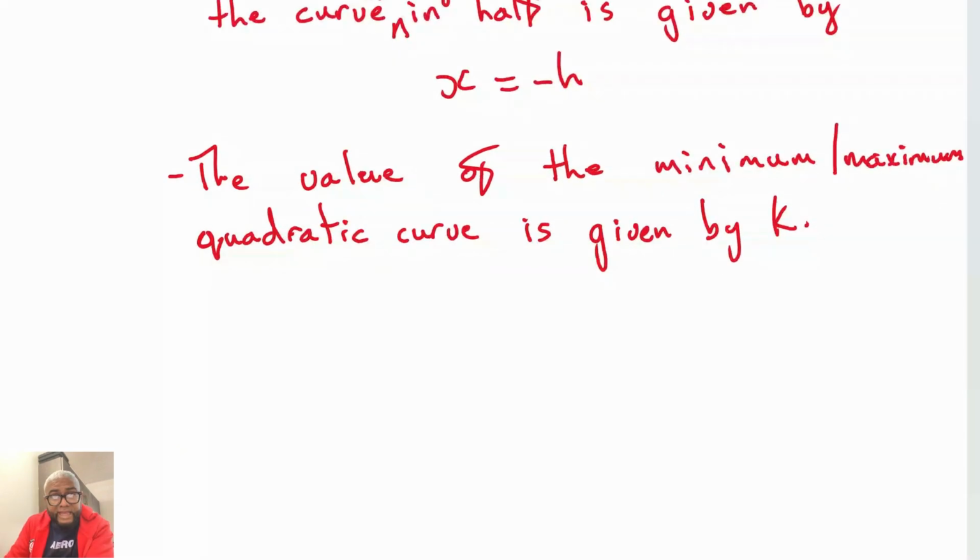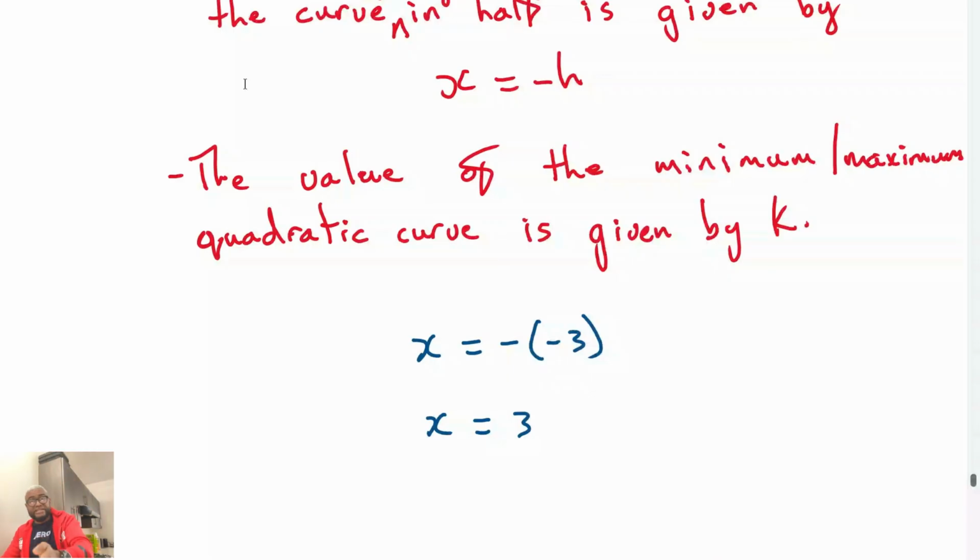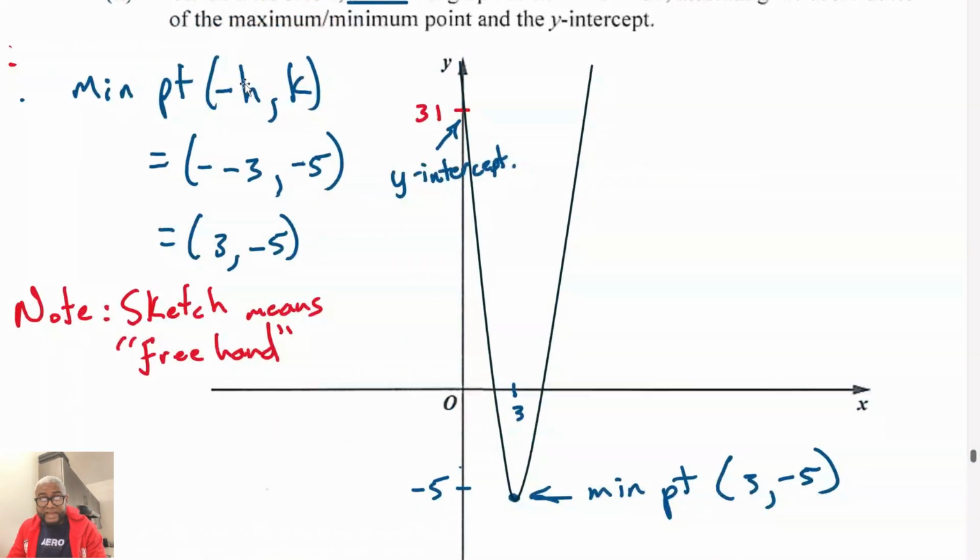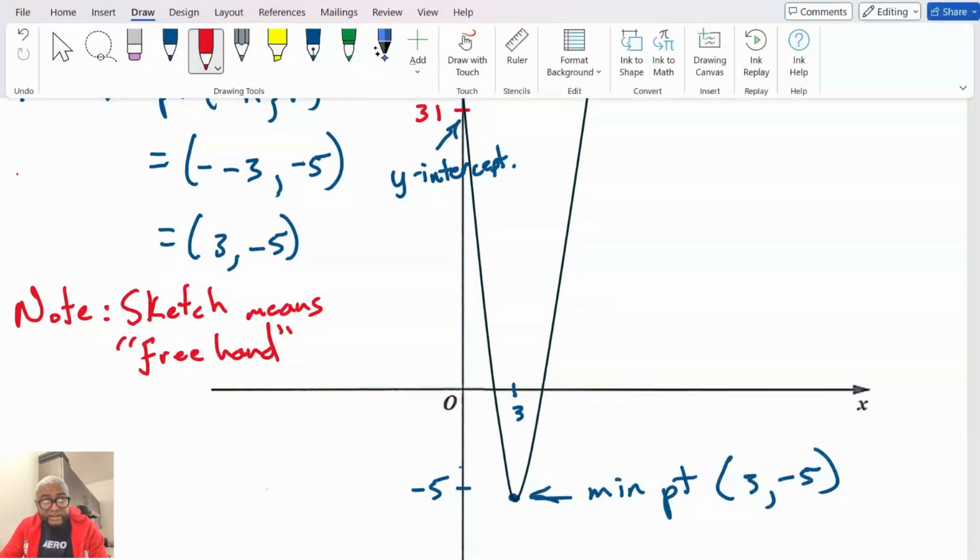So our answer here, the equation of the axis of symmetry, will simply be x is equal to the negative of h, and h is -3. So x is equal to 3 is the equation of the axis of symmetry. It's simply a straight line that comes through the middle. I'll put it in red.